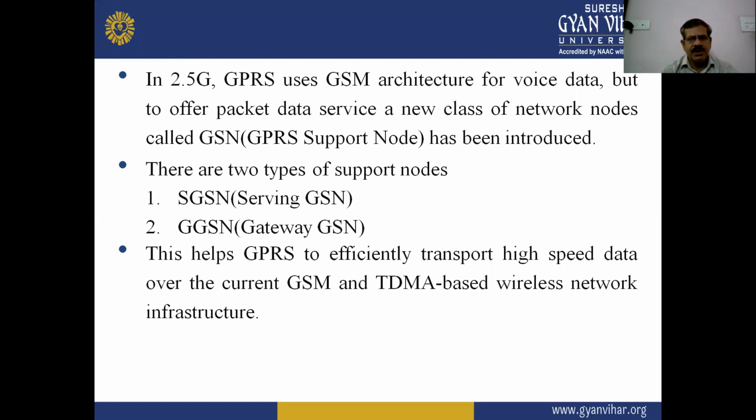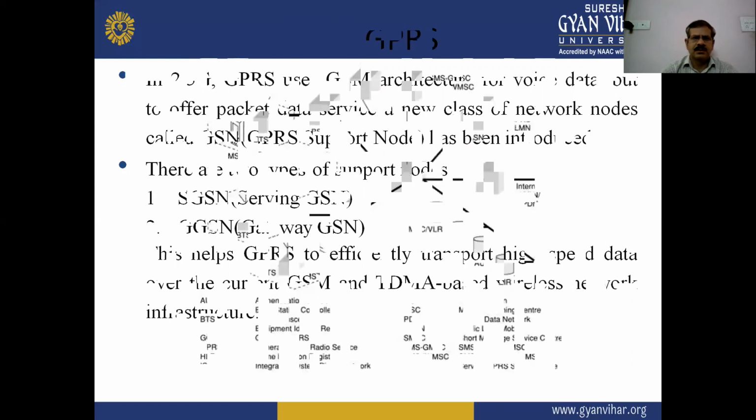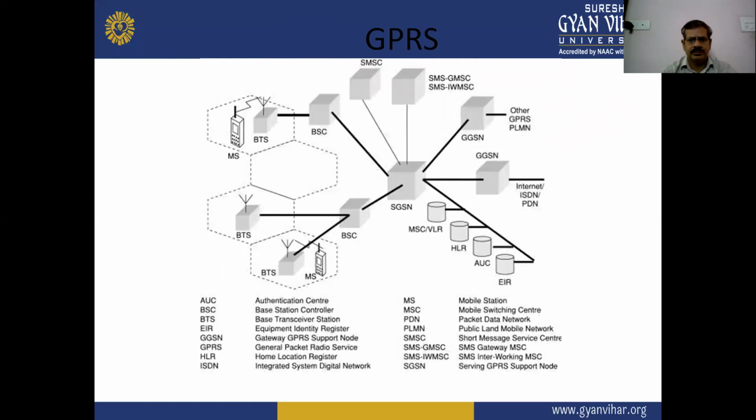This helps GPRS to efficiently transport high-speed data over the current GSM and TDMA-based wireless network infrastructure. So this is the GPRS architecture for the 2.5G technology.